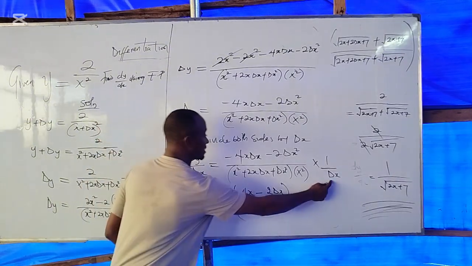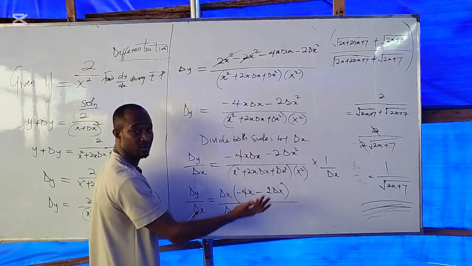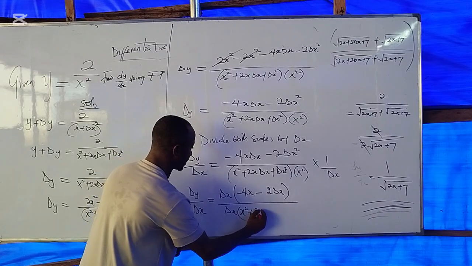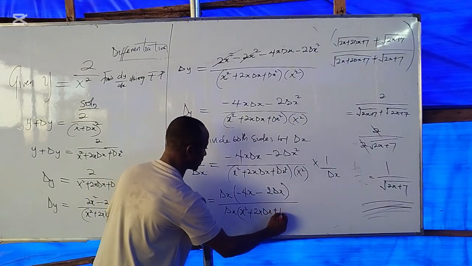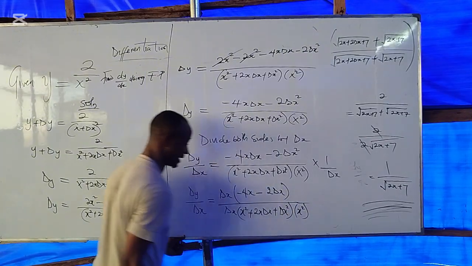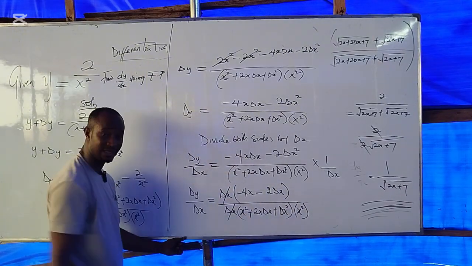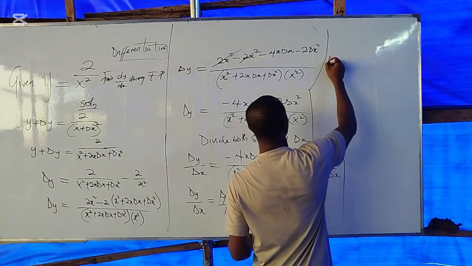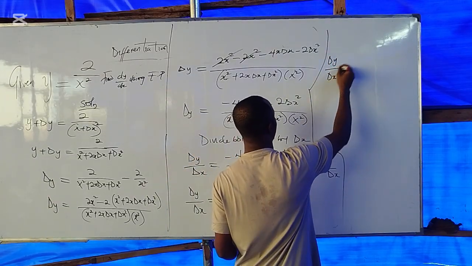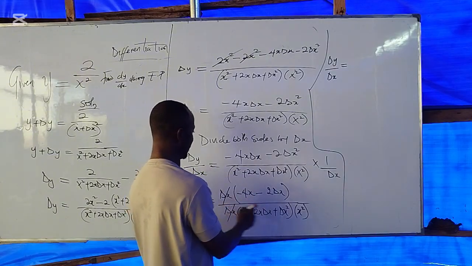Because this times this and this, they are products. So delta x times x squared plus 2x delta x plus delta x squared, all multiplied by x squared. This cannot go with this, right? You agree now? So delta y over delta x then becomes, let's go, what do you have here?